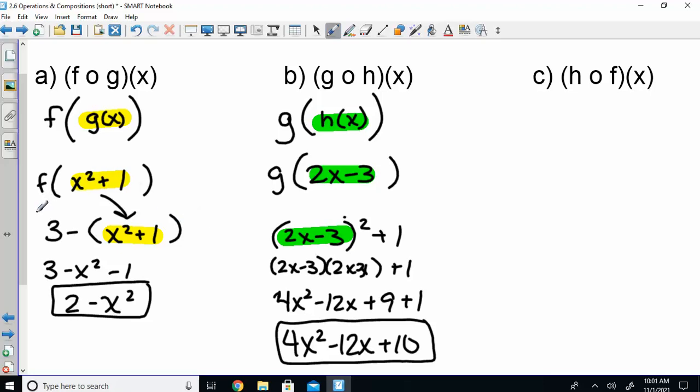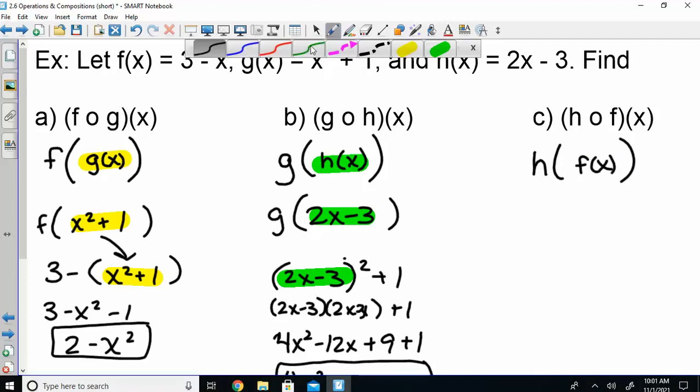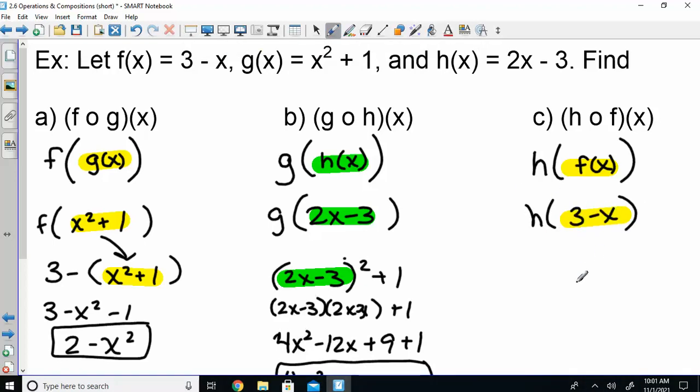Okay, last one. h composed with f. So that's h of f of x. So f is 3 minus x. Plug that into h.